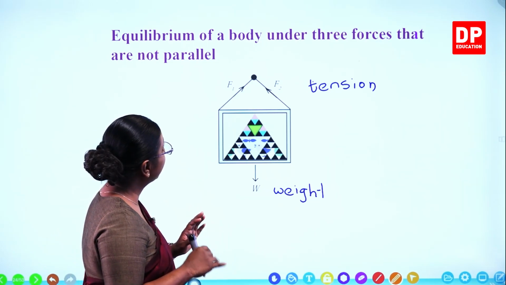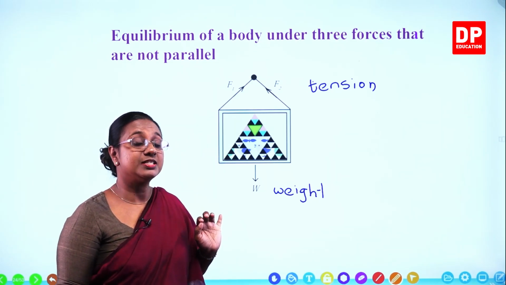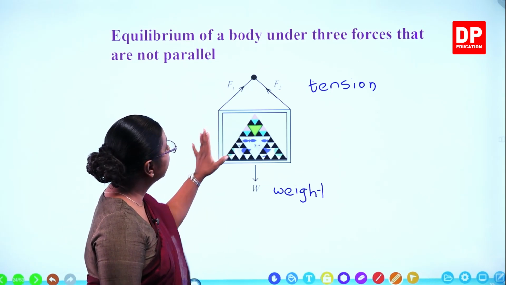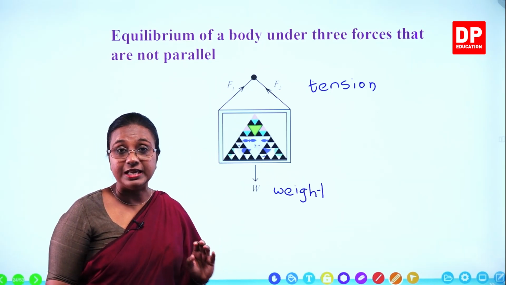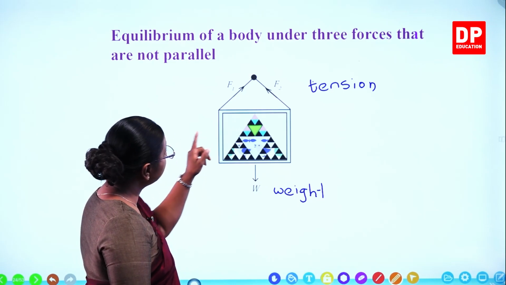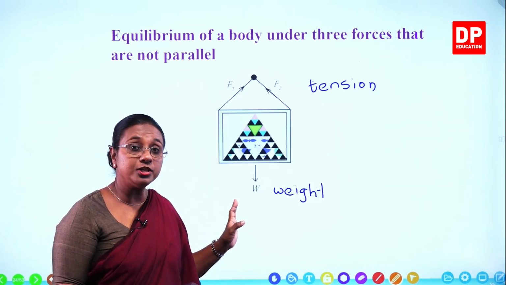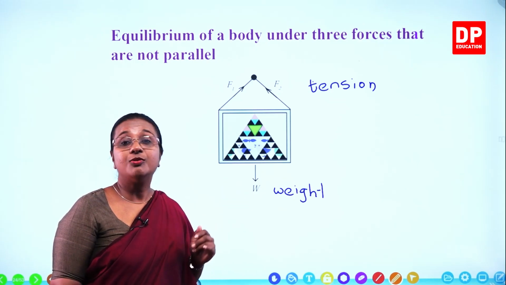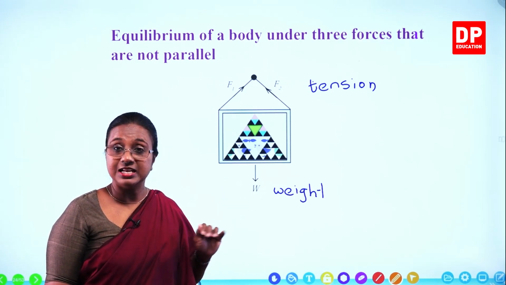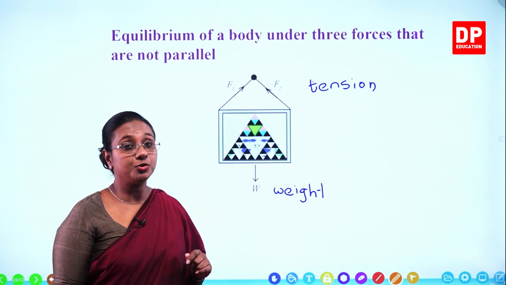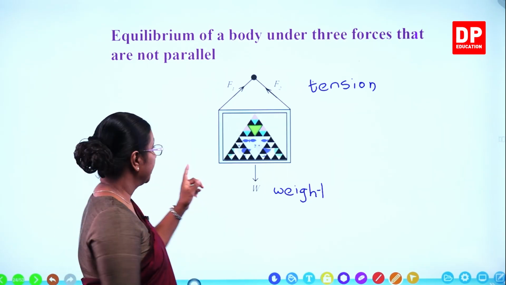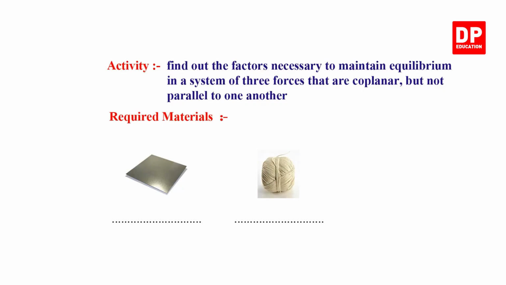So we will try to understand the conditions that need to be satisfied in order for this system to be in equilibrium. Already you know that these are coplanar forces, but they are not parallel. To do that, we will do this activity.